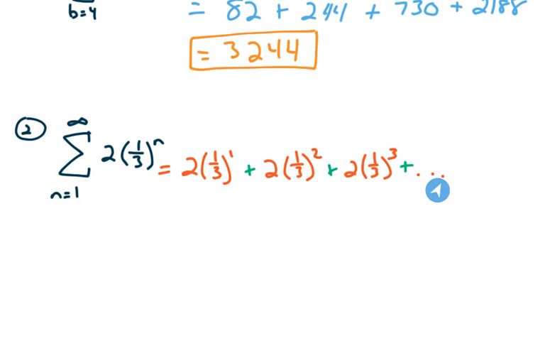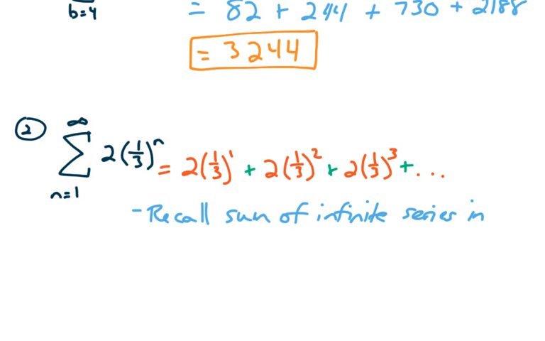This is infinite because it goes on forever. Okay, so if we recall the sum of an infinite series in section 12.3, that formula, remember, is S equals a sub 1 over 1 minus r.